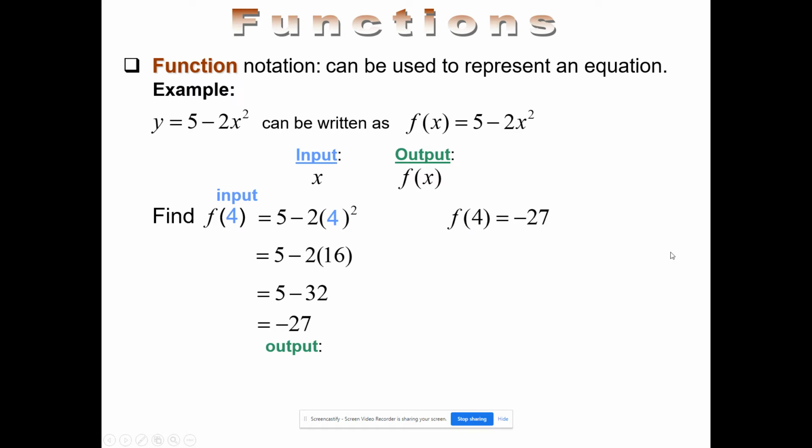And that, of course, produces the coordinate 4 comma negative 27. That's the input output. And of course, these input outputs direct the shape of the graph for that function. Okay, so whatever's here replaces the variable x, or whatever variable was there.